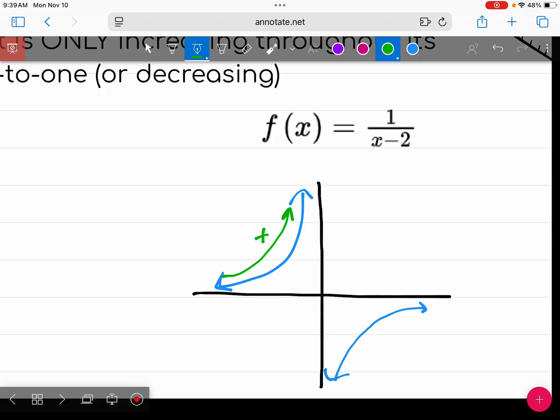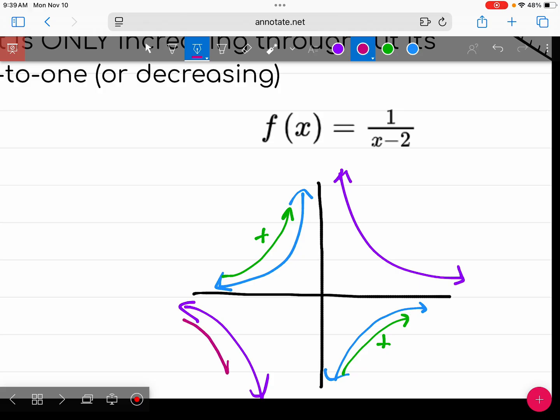So this is getting higher, and this one is getting higher. Even if they were going the opposite direction. So maybe if I had one of those reflection ones where it looks kind of like this. I'm dragging purple this time. So now this one is, when going from left to right, decreasing, but this one is also decreasing. And I don't have a gabillion arrows up here.